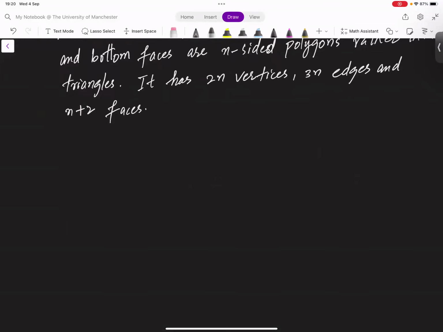Let us now collect the number of vertices, edges, and faces for the above examples in a table.